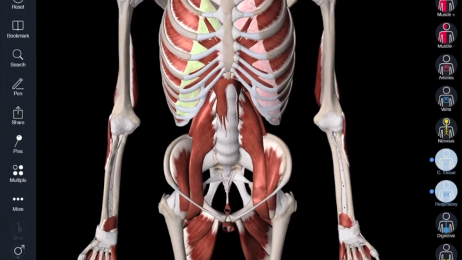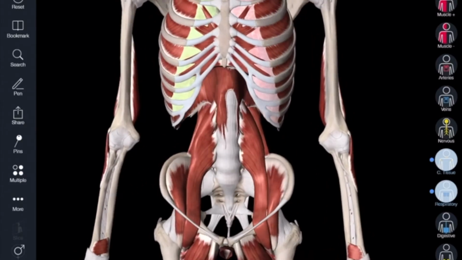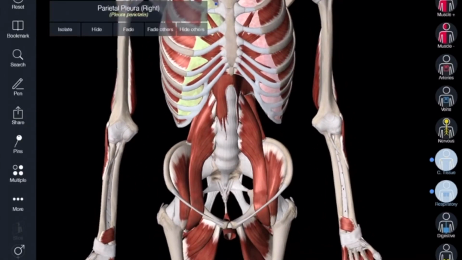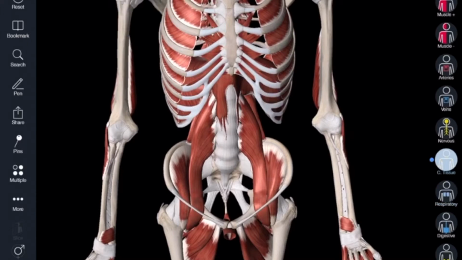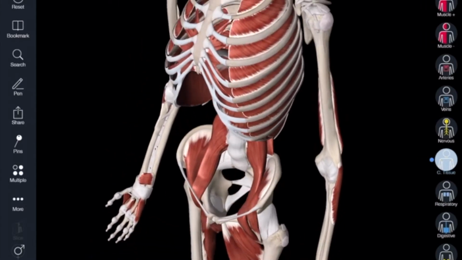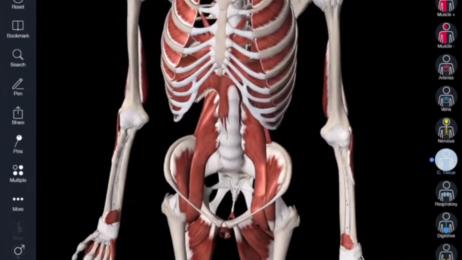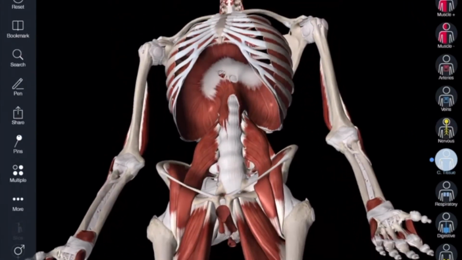Those are the lungs inside the rib cage, right? The lungs are covered on the outside with a membrane called the pleura. That pleura is attached to the inside of the thoracic cavity. So inside the ribs, let's make the lungs go away here again. Inside the ribs, the lungs attach in there, and to the top of the diaphragm.